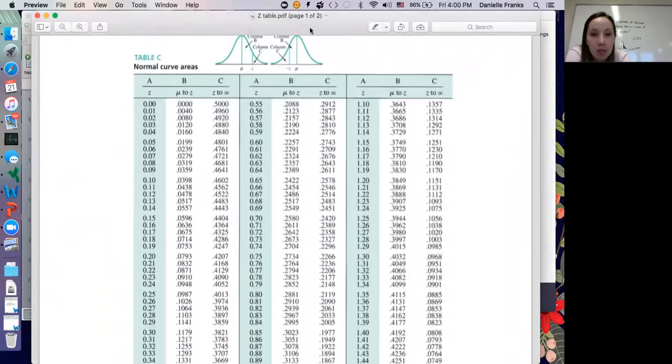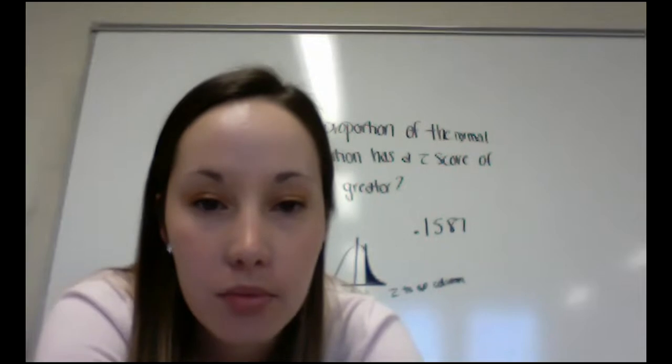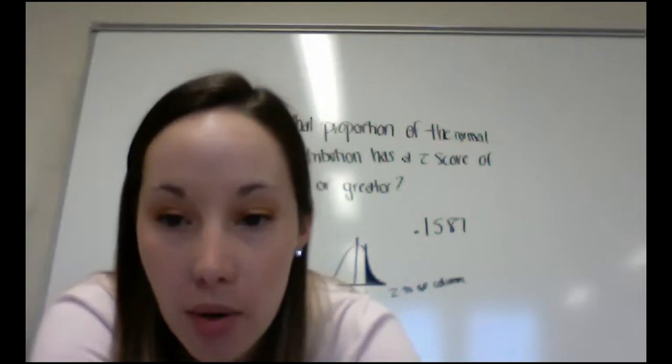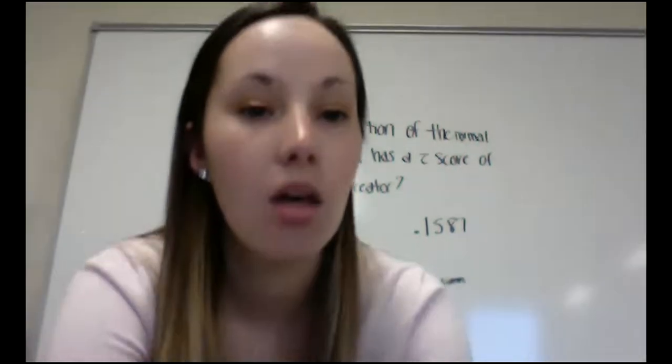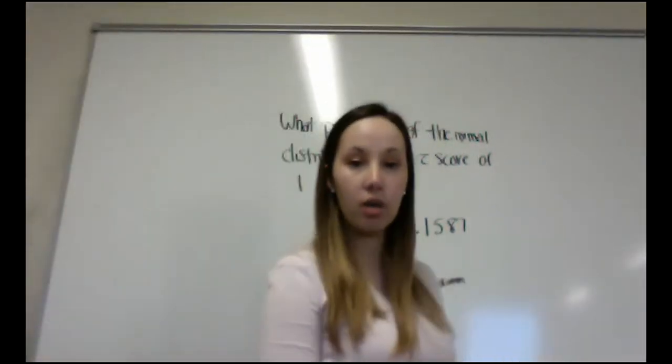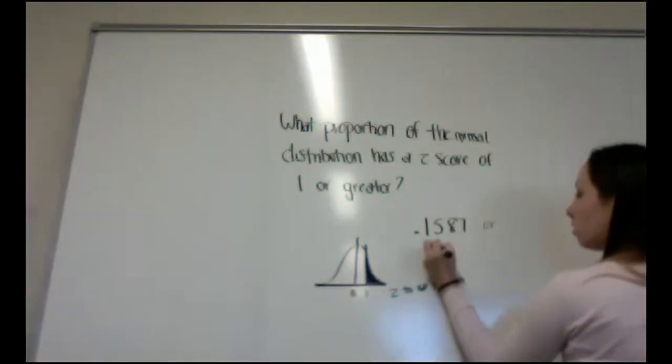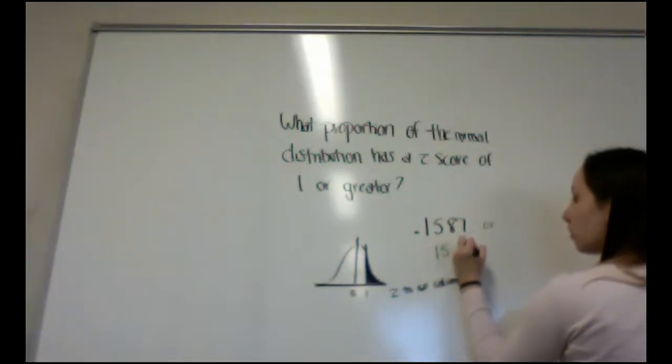So let me stop sharing. There we go. Okay. So that's our answer for that one. 0.1587, or if you want to convert it to a percentage, that would be 15.87%.